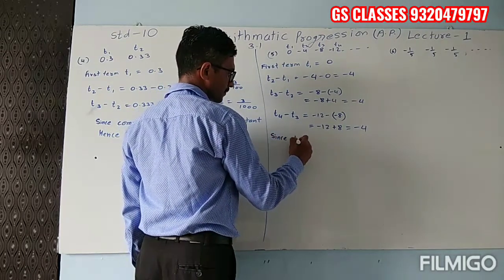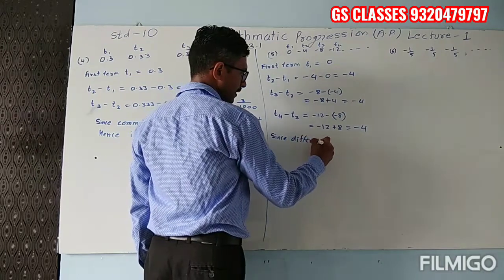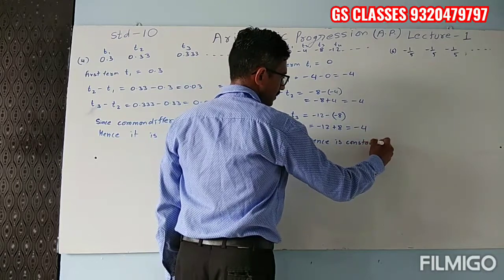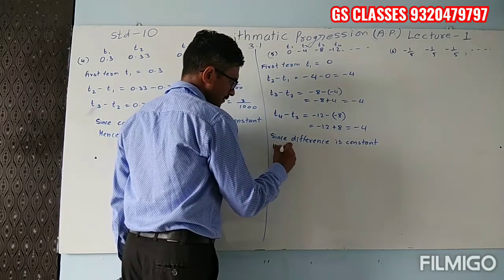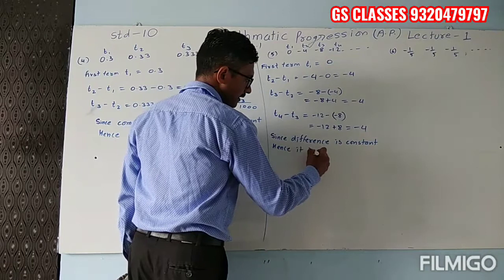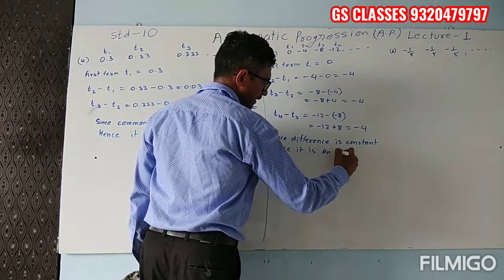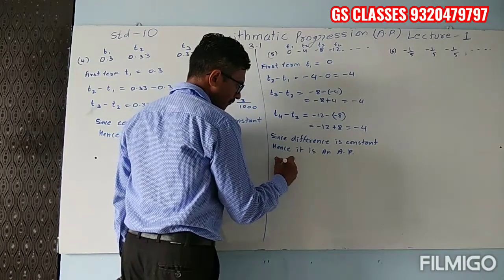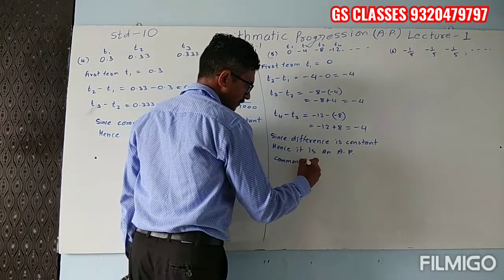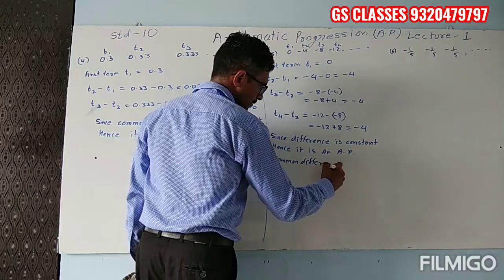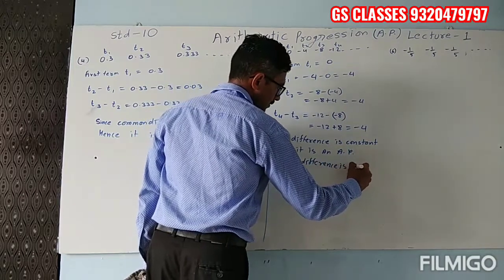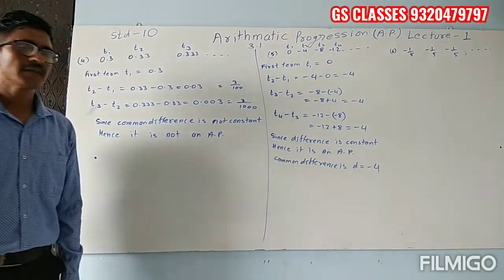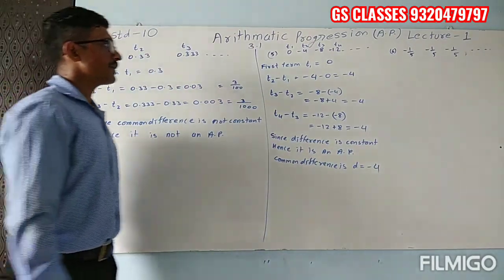Since difference is constant, hence it is an AP. Common difference D is minus 4. So like this we have to write.